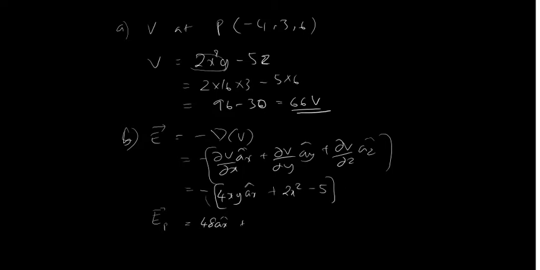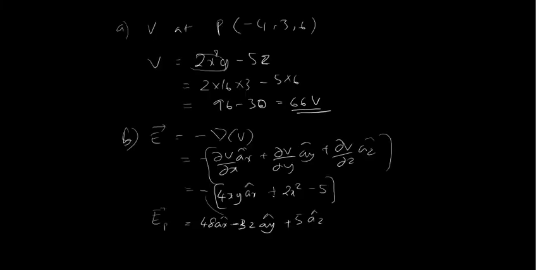Then minus 2x square: minus 4 square is 16, into 2 is 32, so that will become minus 32, so this minus comes here, minus 32 Ay cap, and minus 5, minus of minus, plus 5 Az cap, nothing is there to substitute. So you got the value of Ep.